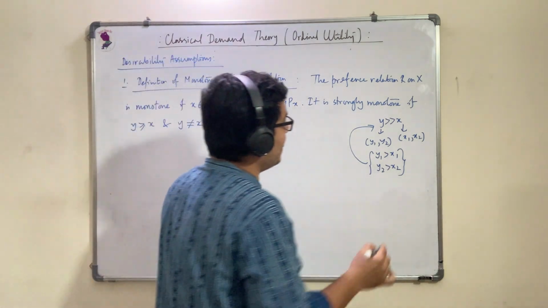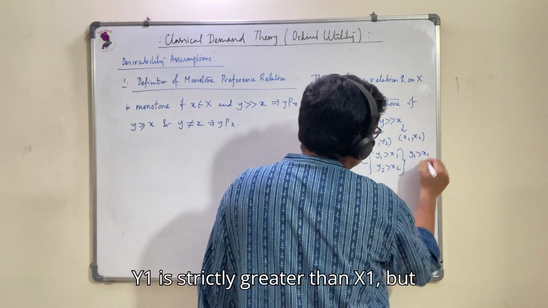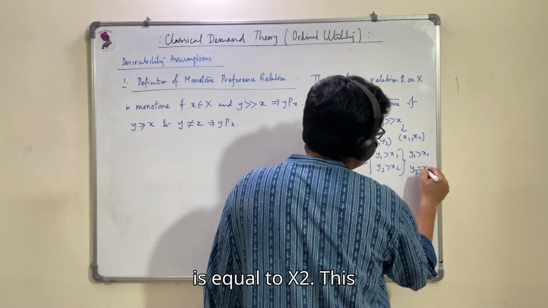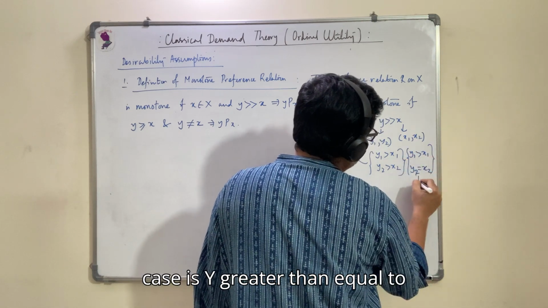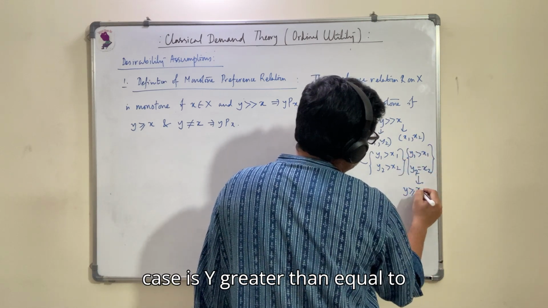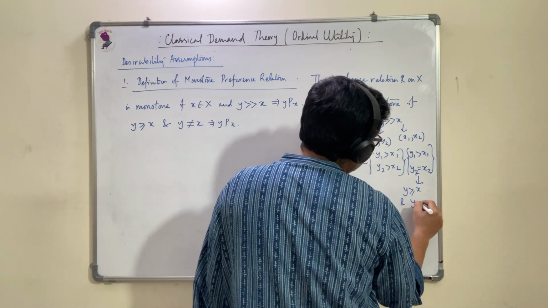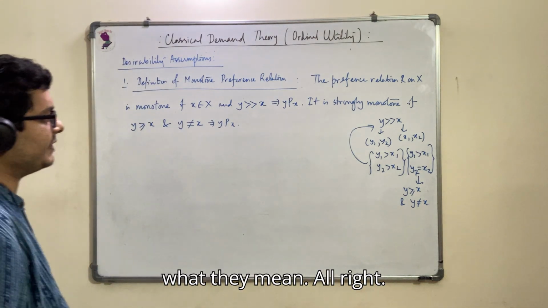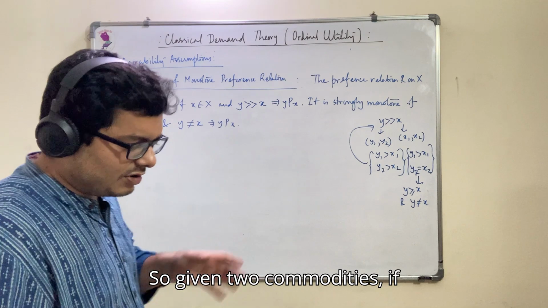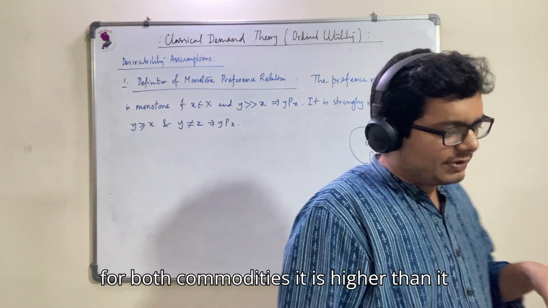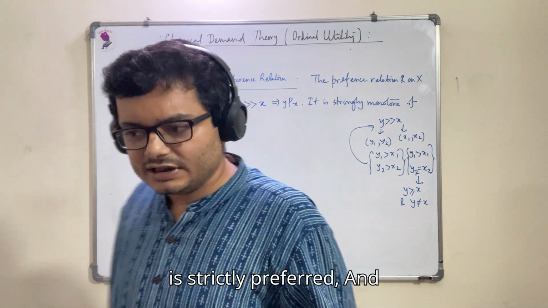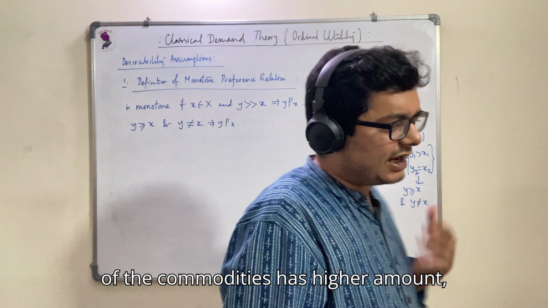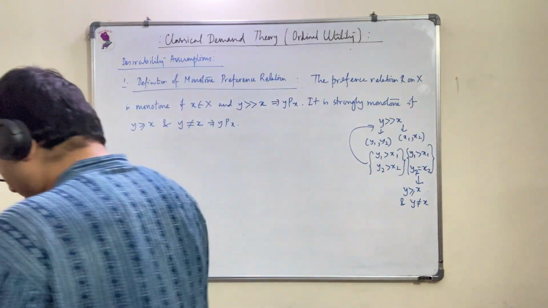Now, if y1 is strictly greater than x1, but y2 is equal to x2, this case is y greater than or equal to x and y not equal to x. So this is what they mean. Given two commodities, if for both commodities it is higher, then it is strictly preferred. And strongly monotone means that even if one of the commodities has a higher amount, then it is strongly monotone.